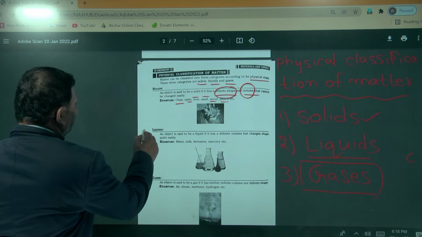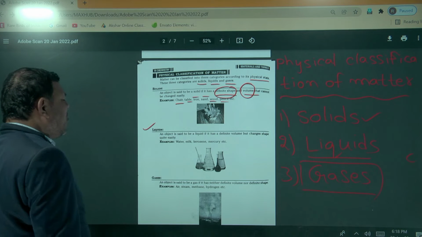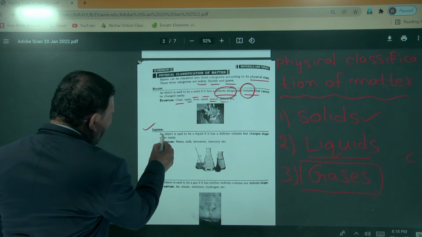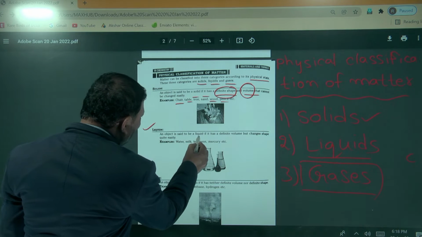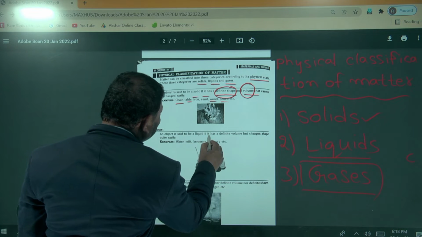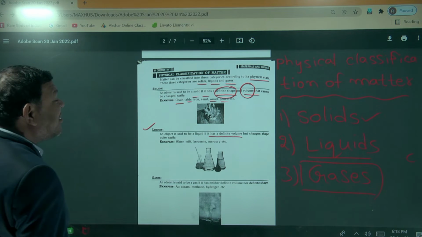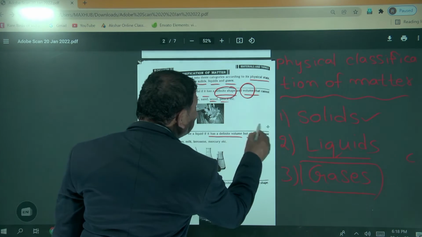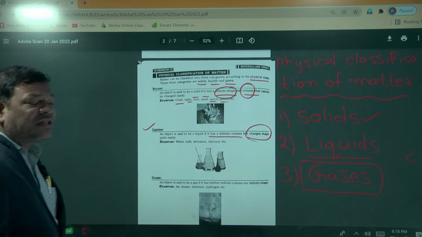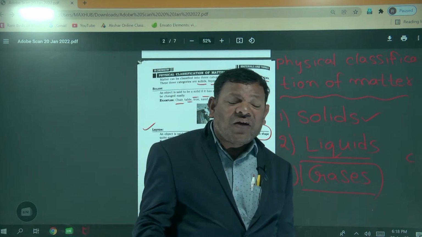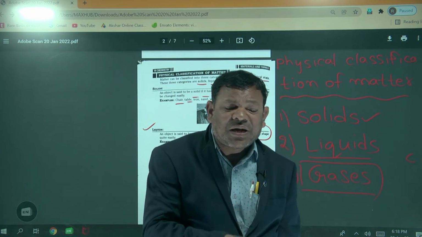Next, the second one is liquids. What is the meaning of liquids? An object is said to be a liquid if it has a definite volume, but it always changes its shape. For example, whatever container we pour it into, that shape it takes.